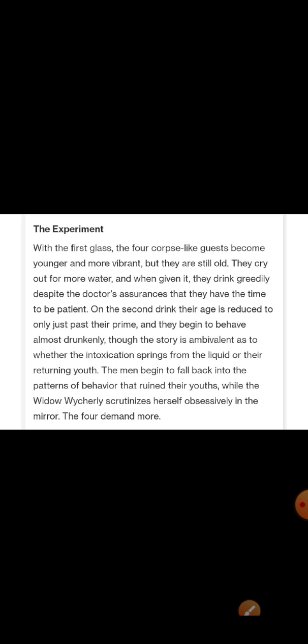Dr. Heidegger wanted to observe the effect of the water of the fountain of youth upon the old persons. The four guests upon whom the wonderful water was to be experimented thought it to be one of the eccentricities of the doctor. But the doctor insisted that the wonderful water would revive youth in old persons.